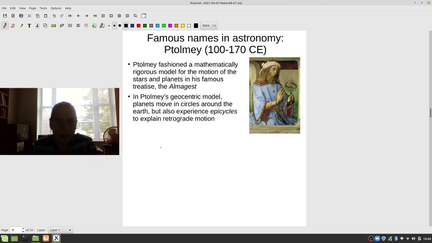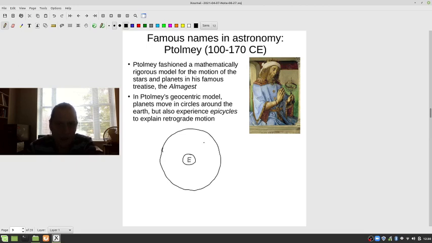And what's important to realize is that for about 1,500 years, there was a very successful and mathematically rigorous theory of how planets and stars moved. And it was made by Ptolemy.